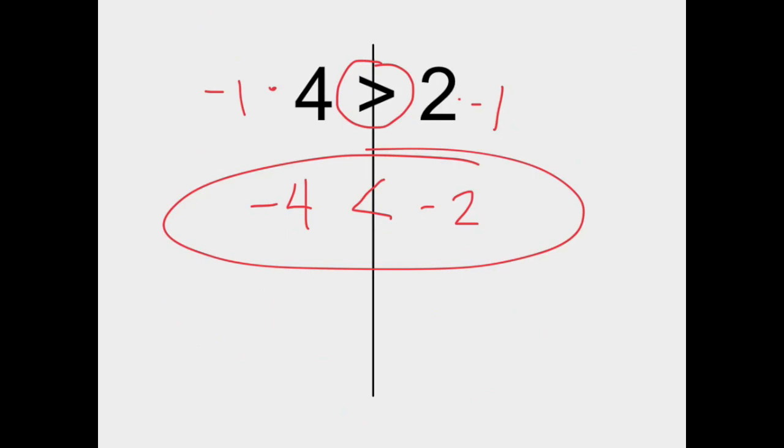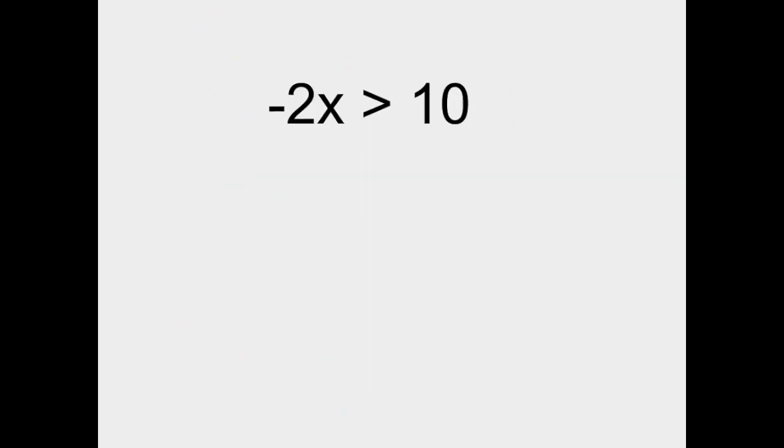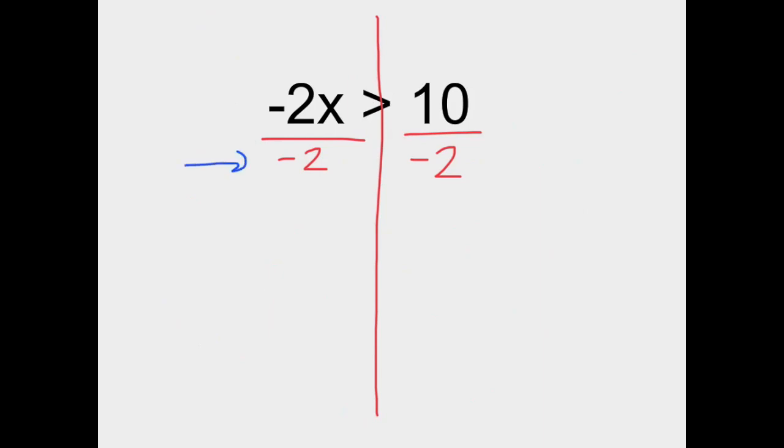Let's look at this in context. If I have negative 2x is greater than 10, in order to get x by itself, I have to get rid of the BFF. That means I have to divide by negative 2. If I divide by negative 2 on one side, I have to divide by negative 2 on the other. Because I am dividing by a negative here, it means I have to flip my sign around.